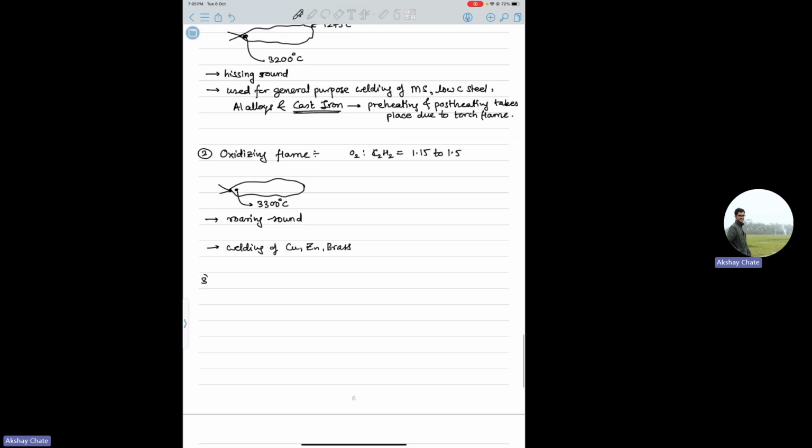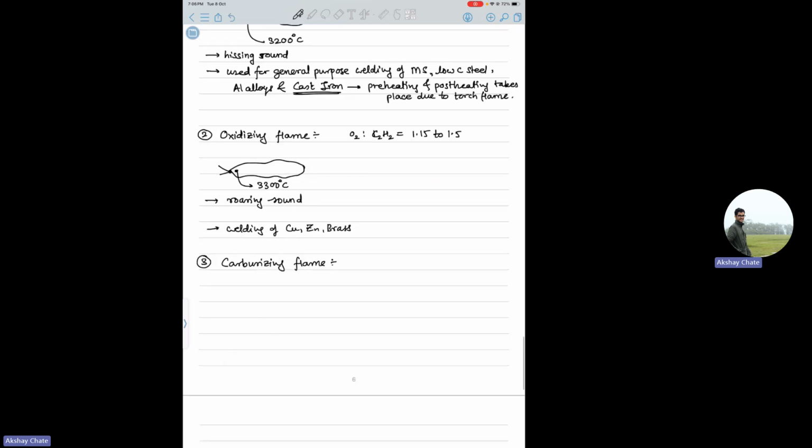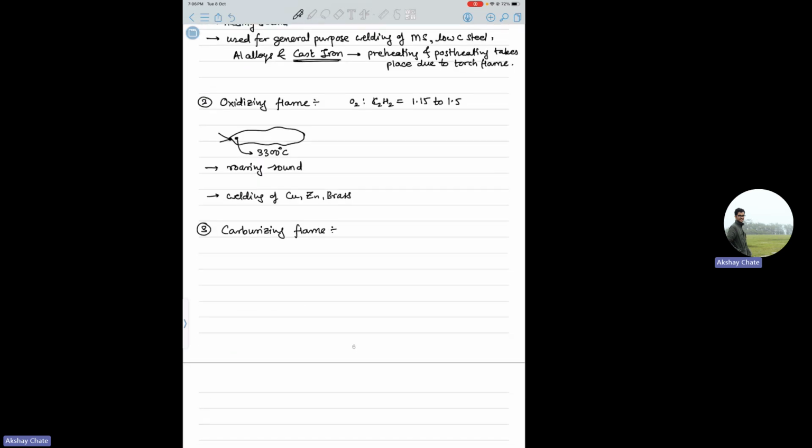Then you have the carburizing flame, but it has a slightly different appearance. For all the flames, this inner part is white. Maybe I'll write it here somewhere.